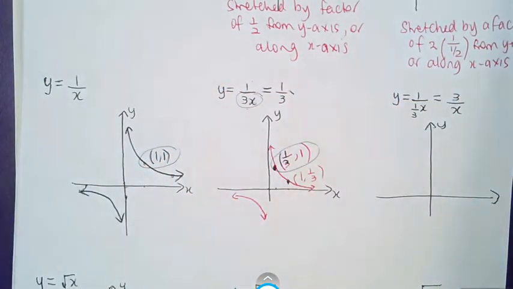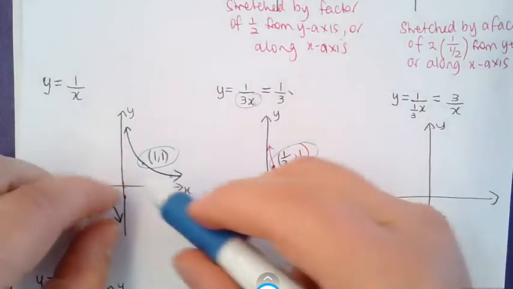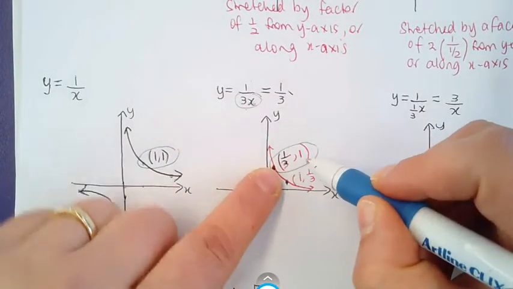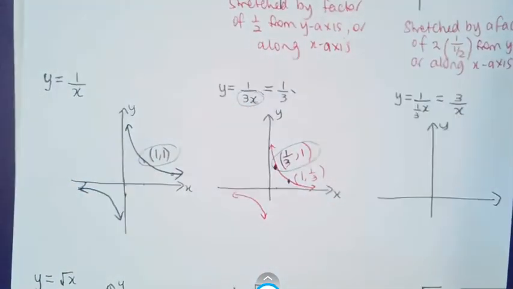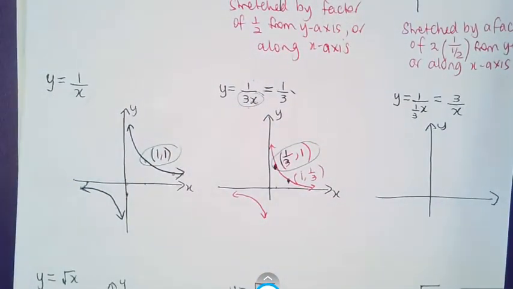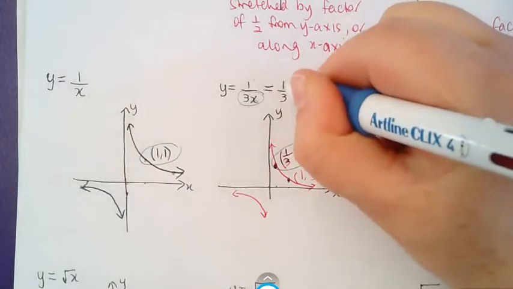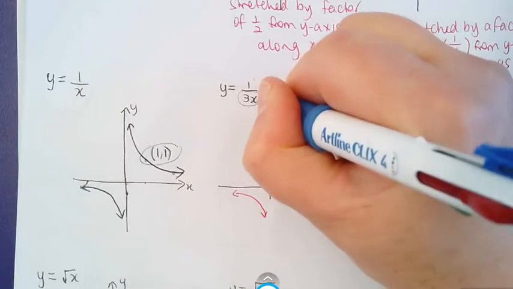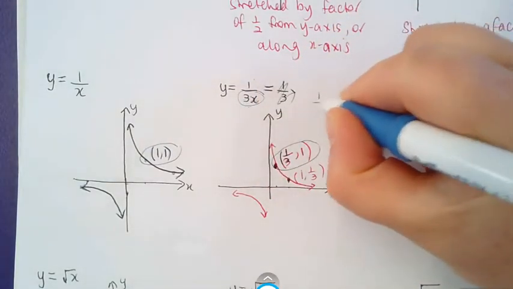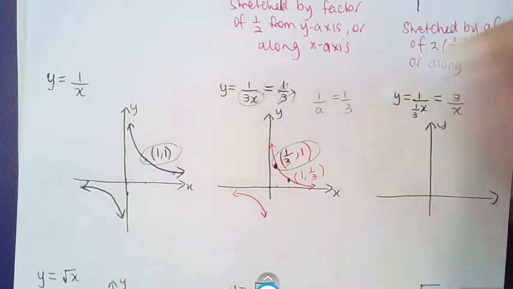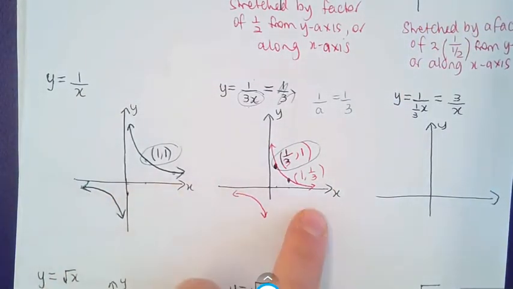You know how you find 2 y values that are the same? (1, 1) and (1/3, 1). If you put the 3 out the front, you're doing it the other way. So you just keep it like that. That is your ax. So it's 1 on a, and 1 on a in this case is 1/3. So it's stretched by a factor of 1/3 along the x-axis.